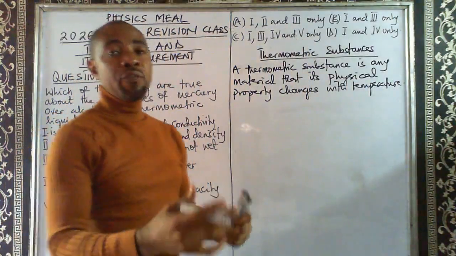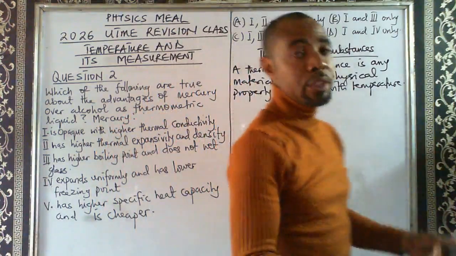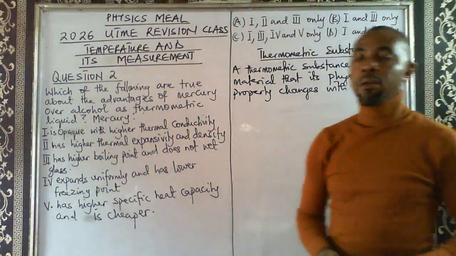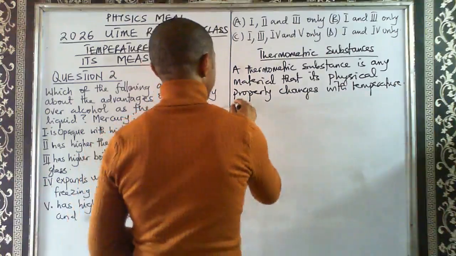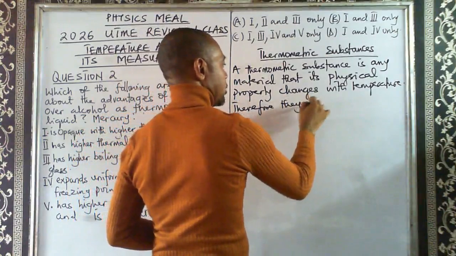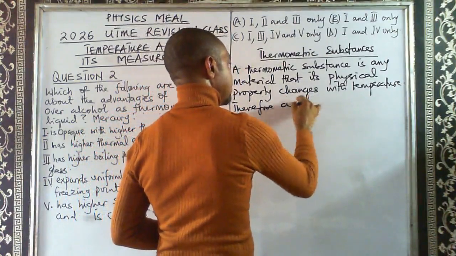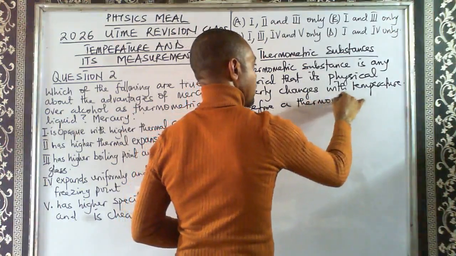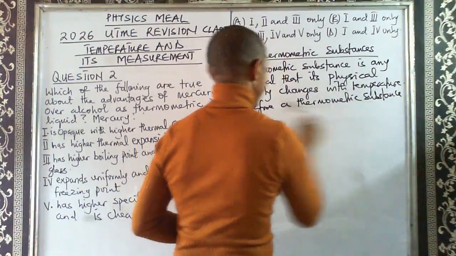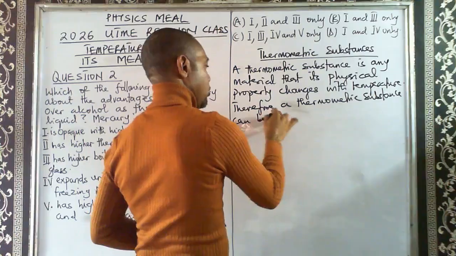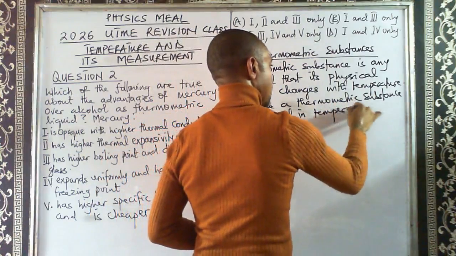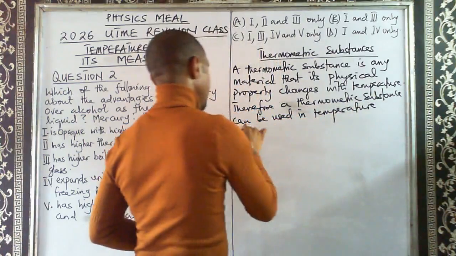Because their physical properties usually change with temperature, we use them in temperature measurement. Therefore, a thermometric substance can be used in temperature measurement.